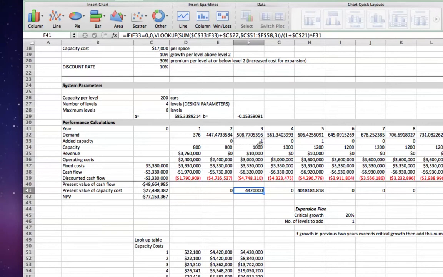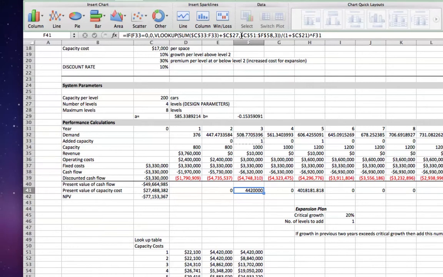So for example, in this one, we're going to look up the number of levels that we've added so far, from here, absolute C33, up to here, plus the original amount, which was 4. That's our lookup value. So in this case, I'm adding 1 to 4.